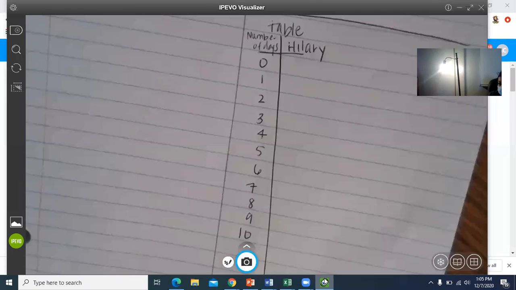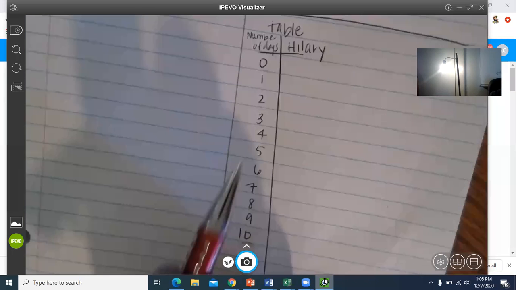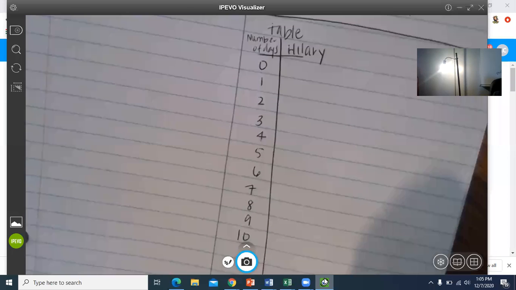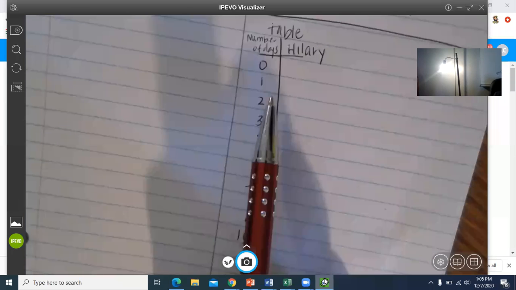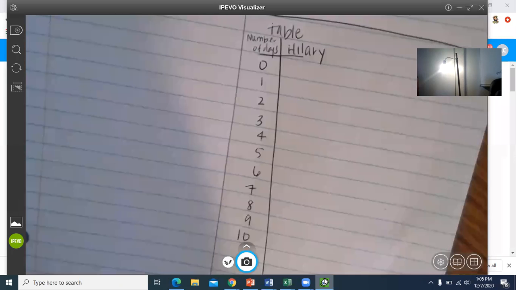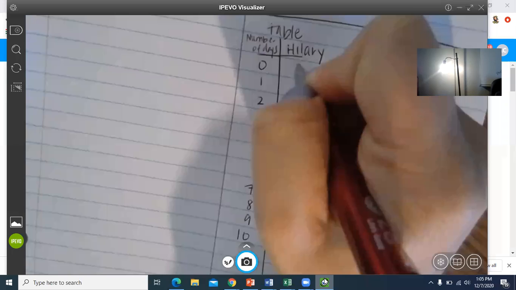You have that? All right, so it tells us that she starts with $9, right? So am I going to put the 9 with the 1, or am I going to put the 9 with the 0? With the 0? Exactly, because that's how much she starts with. So it's going to be $9.